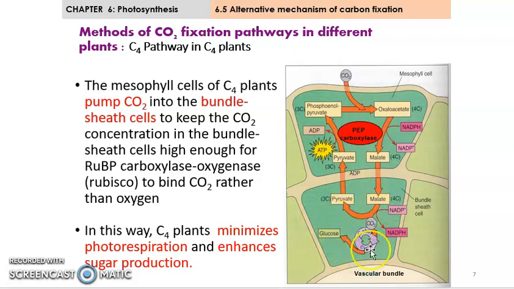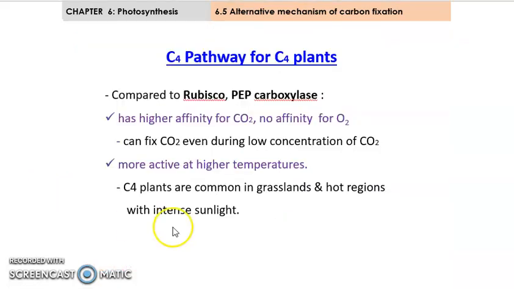So bila carbon dioxide di dalam bundle sheath cell ni tinggi, so that's why RuBP carboxylase oxygenase enzyme ataupun Rubisco can bind carbon dioxide, okay, rather than oxygen. So dia boleh avoid lah daripada berlaku photorespiration. Okay, so in this way C4 plants will minimize photorespiration and enhance sugar production. So that's why sugar, okay, can be produced even though C4 plants ni dia berada pada hot and also dry condition. Okay. So this one macam yang saya katakan tadi lah.